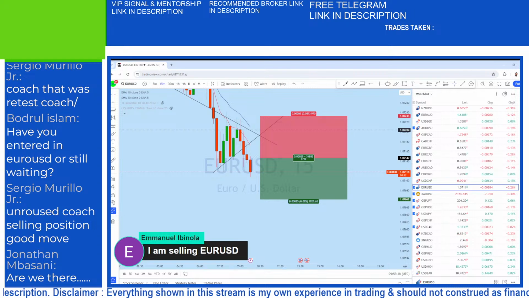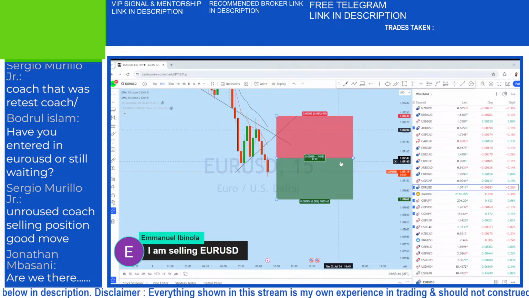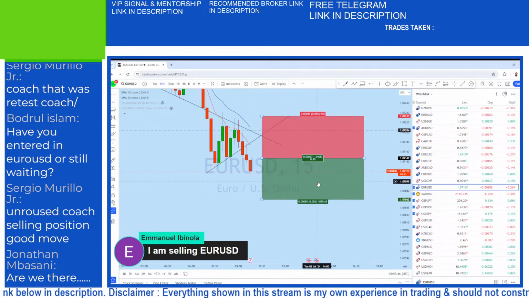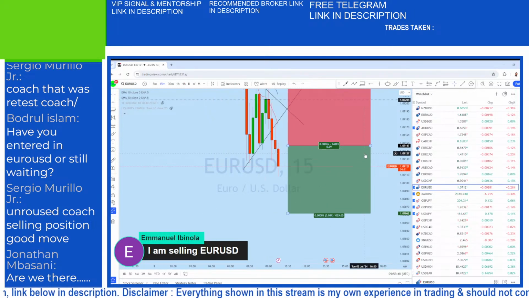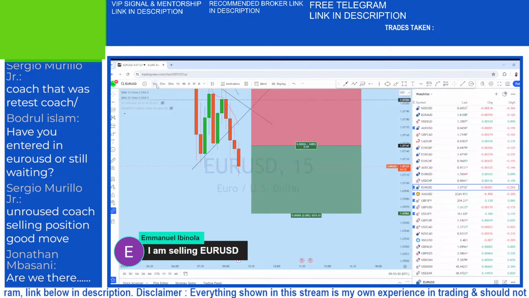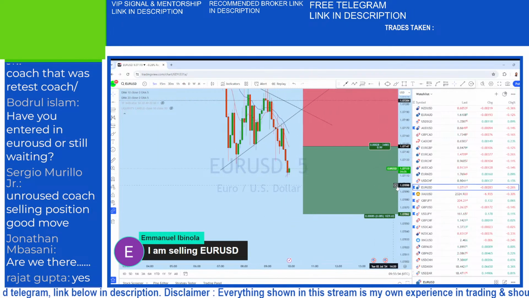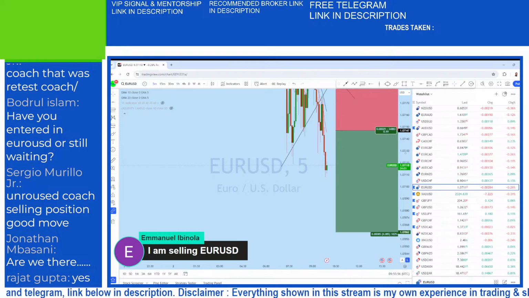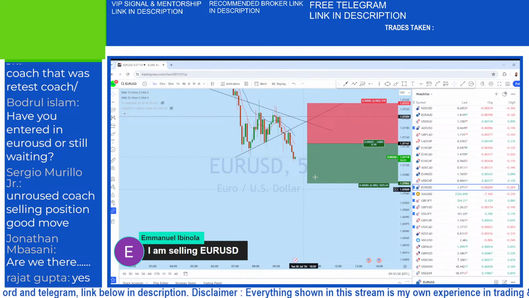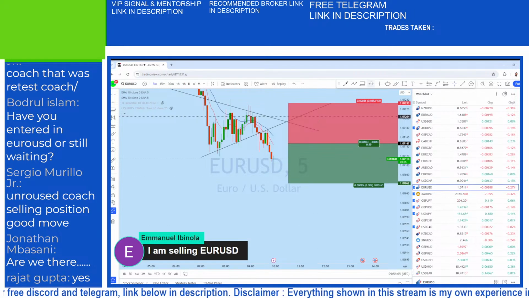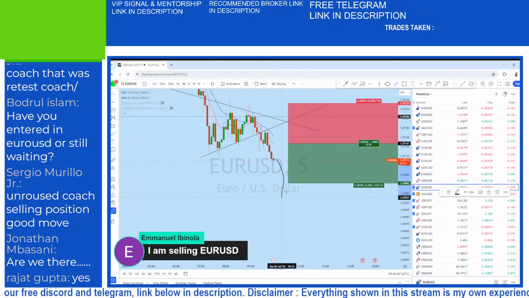Are you guys with me on this? So waiting for the price to break below and then hit that support level, which is the liquidity zone.